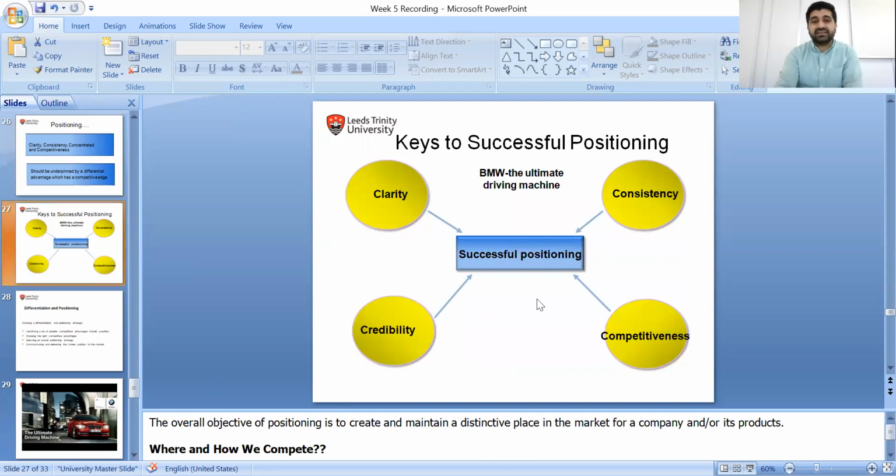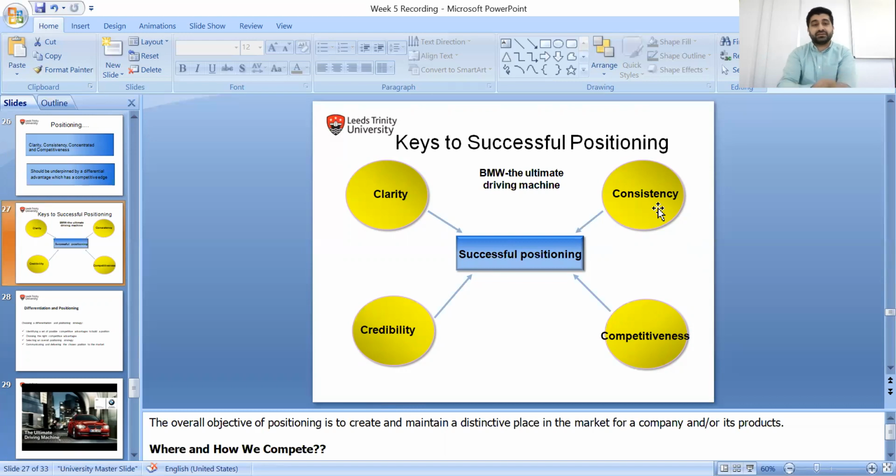Here we can see the successful positioning. As I discussed, it should have clarity. Every company is trying to provide clarity of their position, of their brand, of their product, credibility, competitiveness, and consistency. There is an example of BMW. They have made a position in the car manufacturing industry.